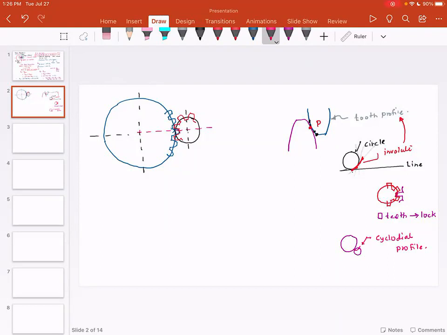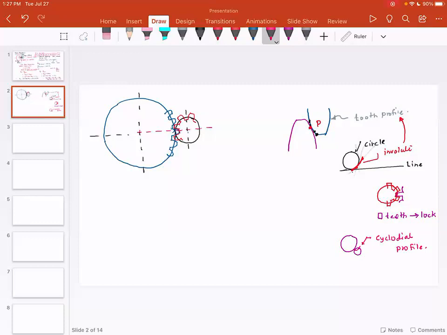There is one special case where one gear is a straight line. So think about, you have a gear with infinite radius.